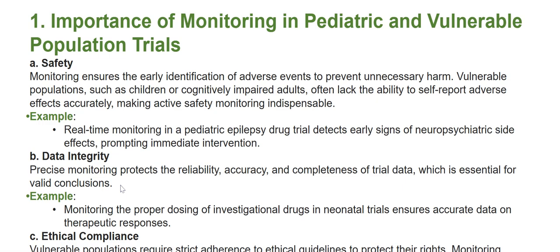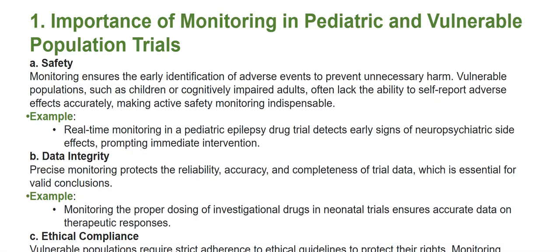So, accuracy and reliability in data. Having the most accurate, appropriate data is crucial for valid conclusions, and this is data integrity. As an example, monitoring the proper dosing of investigational drugs in neonatal trials ensures accurate data on therapeutic responses.